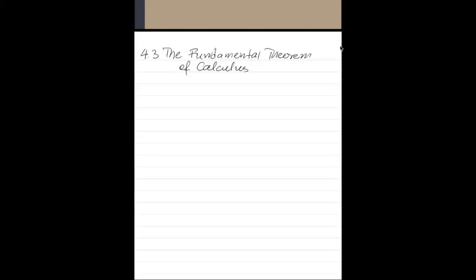4.3, the fundamental theorem of calculus. We're going to start with introducing an evaluation theorem.